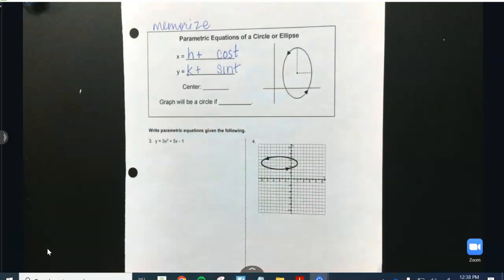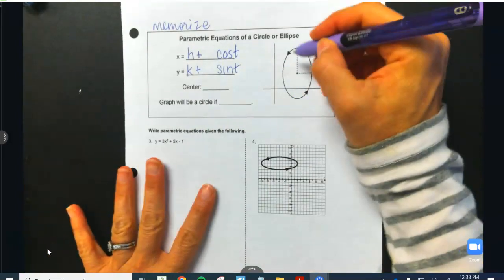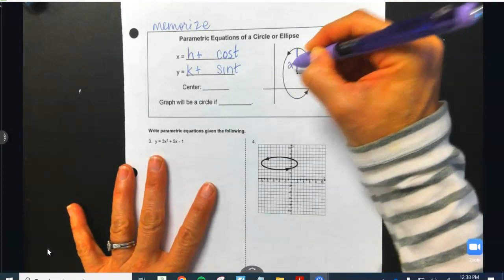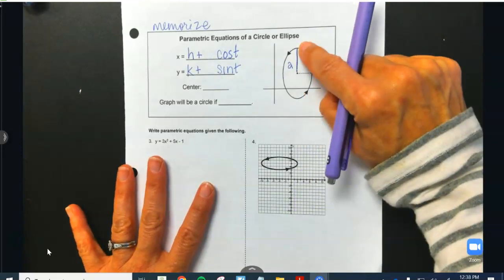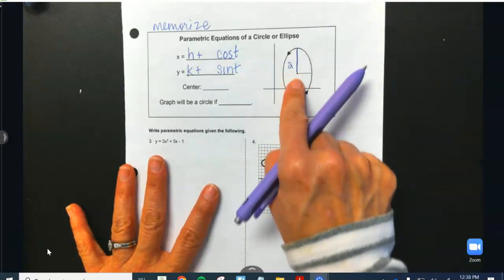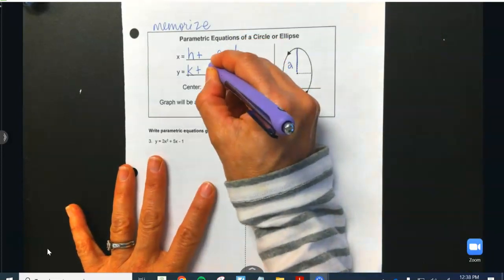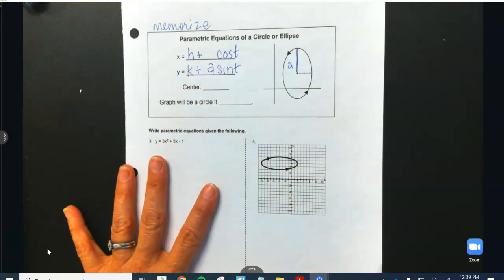So if you notice, that little graphic is a vertical ellipse. This is the A value. It is A places away from the center to a major endpoint. So the longer value on a vertical ellipse gets grouped with your y equals equation.